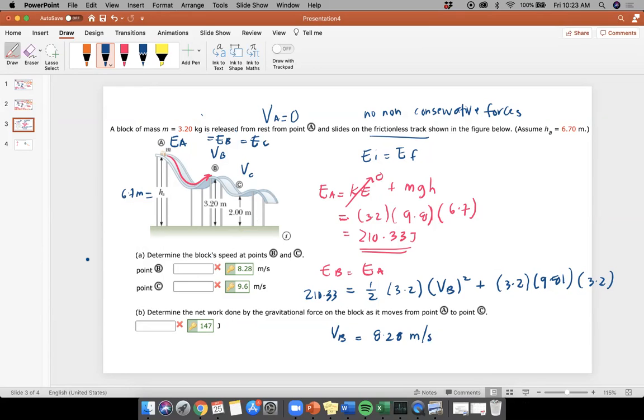That's because there is no friction. If there is friction, this question would be difficult. Okay, and then so EC is also equal to EA equals EB, which is 210.33.